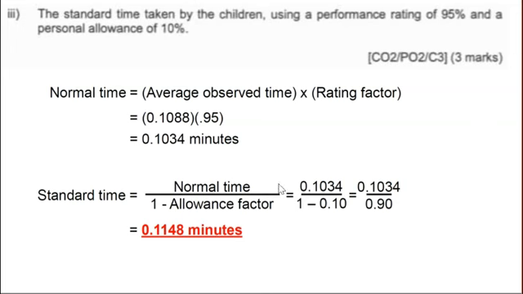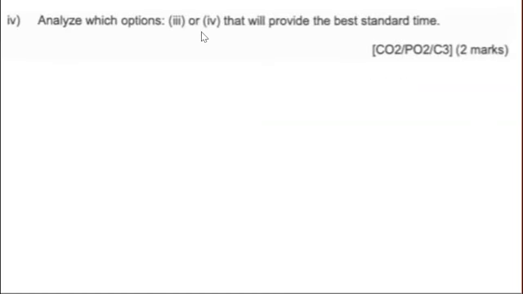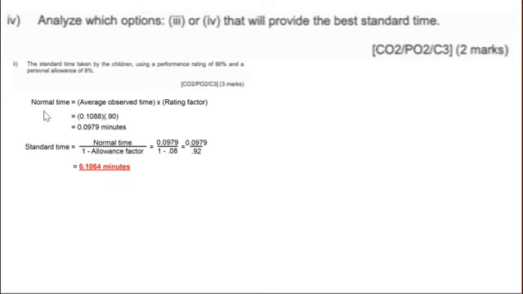The first one, they gave us 90% performance rating and 8% allowance. And this one is the set for 95% and also 10% allowance. So we want to compare and analyze which option, 3 or 4, will provide the best standard time. The first one, with 90% rating and 8% allowance, we get 0.1064.